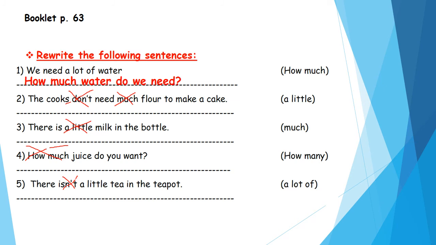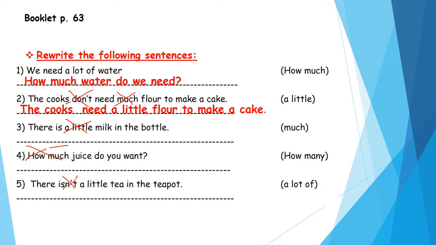The cooks need super a little flour to make a cake. So here a little we use it with positive sentences. We cross don't, okay? The cooks need a little flour to make a cake. Of course we also will cross much.